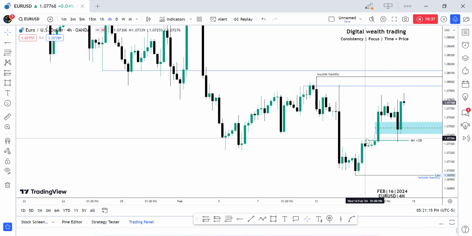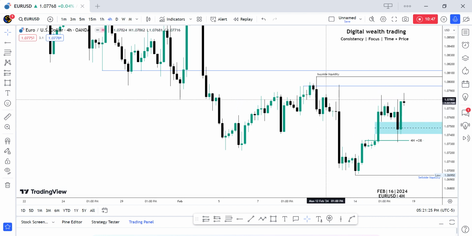Meaning that if at all this market is still bearish, we are not supposed to be respecting bullish PDRAs. And if we are really bearish, you look at this bearish order block that I referred to on Monday, we did not use it. Why? Because the market is bullish, so this PDRA is not respected.